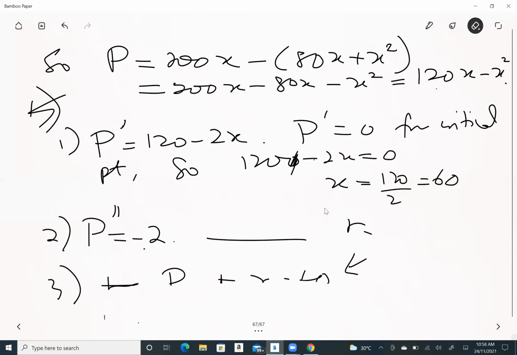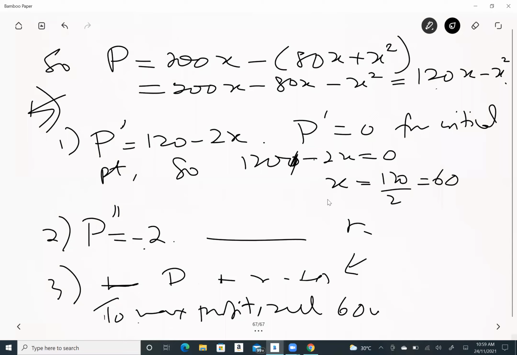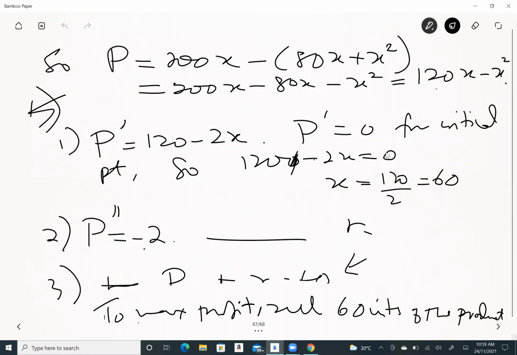So to maximize profit, what do we need to do? You have to sell 60 units of the product. And then you say the maximum profit is equal to whatever the value is at 60. So here they didn't tell you the maximum profit.